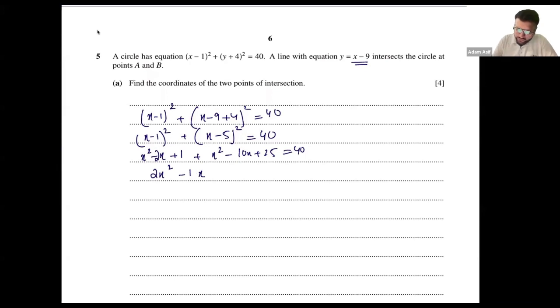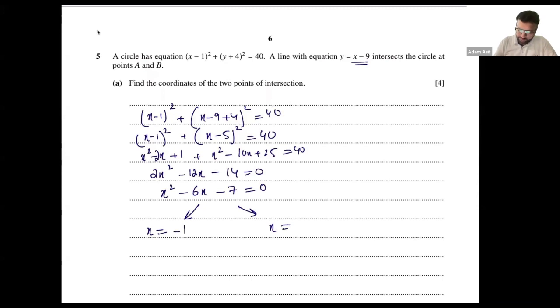No, minus 12x plus 26 minus 40, that's negative 40. And if we simplify this by taking 2 common, the equation would be x square minus 6x minus 7 equals to 0. Now solve for the two values of x.